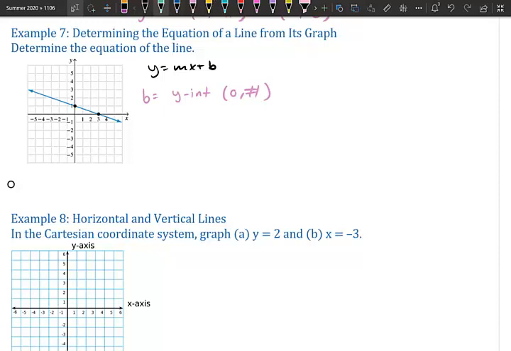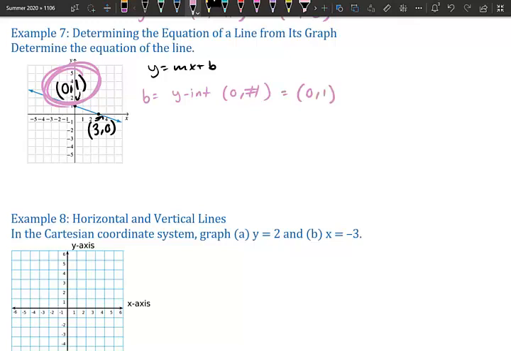The points we're given are 0, 1 and another point, 3, 0. So we do have a 0, number point right here, it's 0, 1. So since we have that, we found the b. It's positive 1.